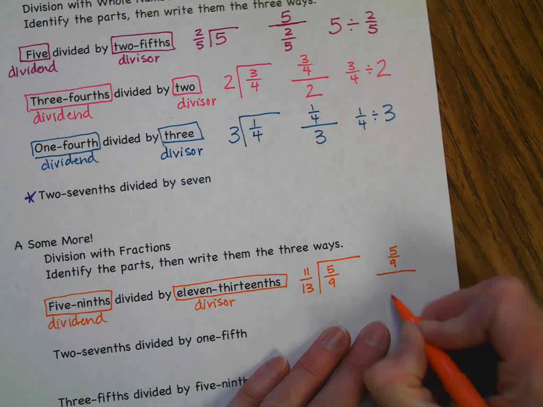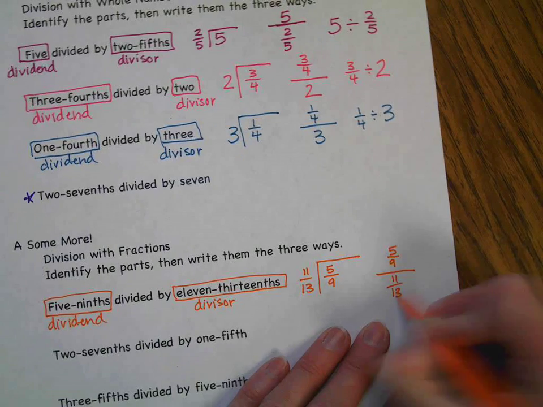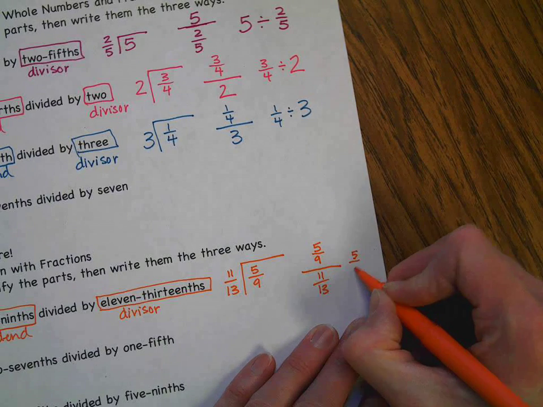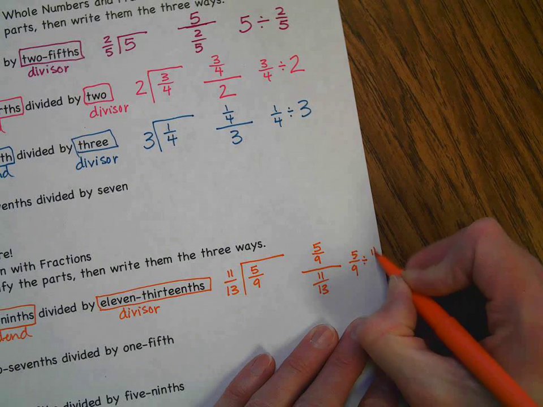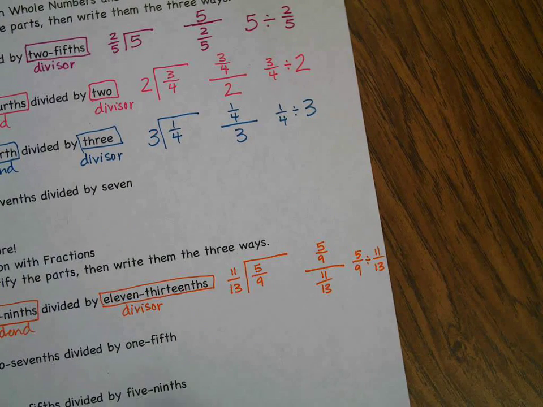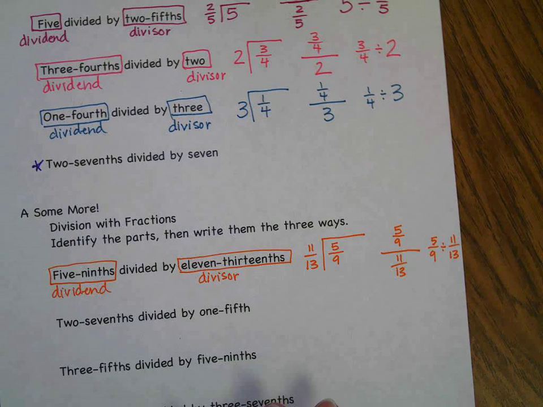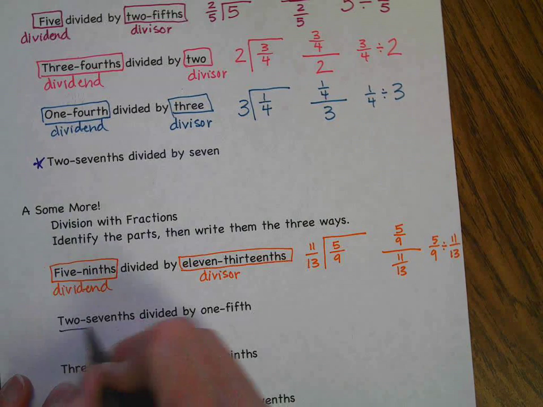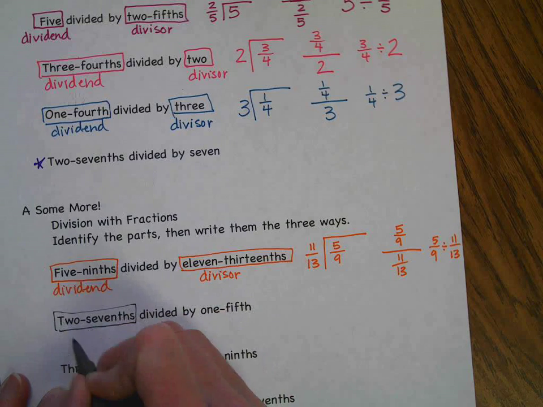That's one way. 5/9 divided by 11/13 is another way. And then the third way is 5/9 divided by 11/13, the last way. Okay? So hopefully you're, again, using that pattern to formulate the correct equation so that we can write them in the correct format.